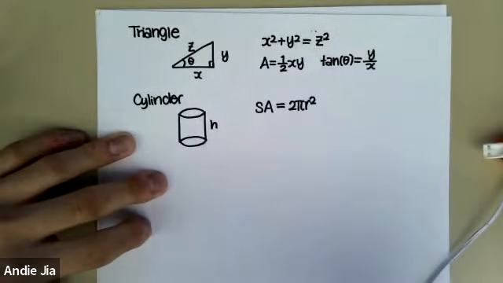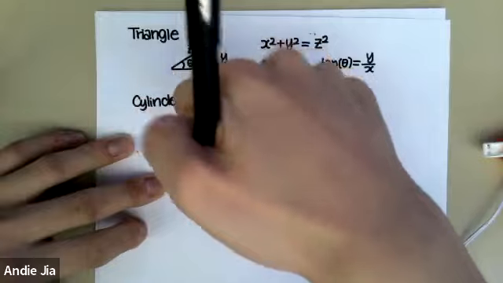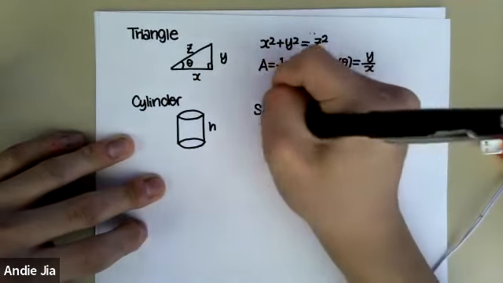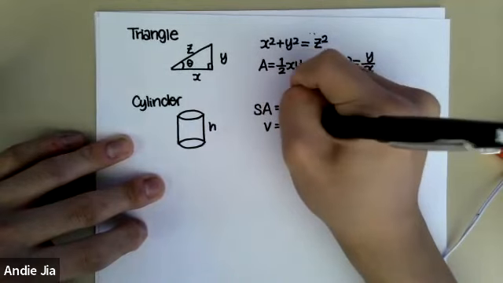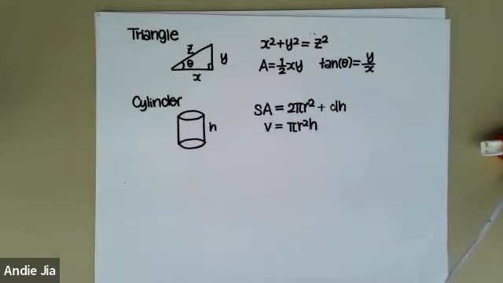Add them all together. And the volume is pi r squared h.